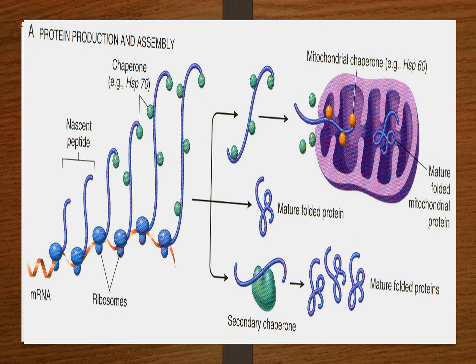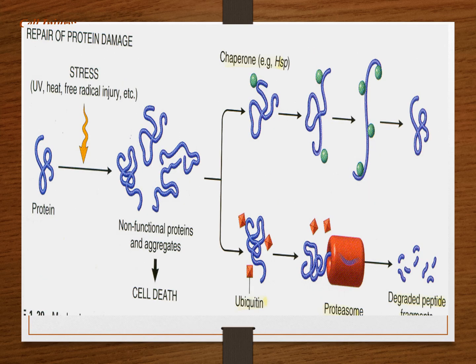Remember, chaperones are nothing but heat shock proteins, HSP 70 and 60, helpful in folding of proteins. With their defect, there will be misfolded proteins formation and accumulation within the cell.